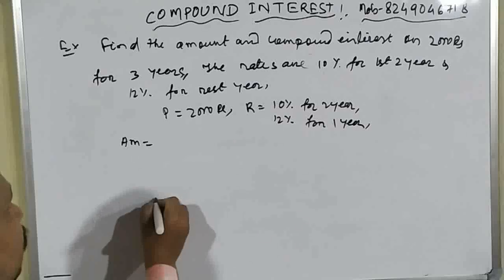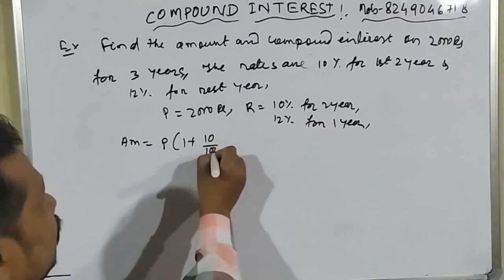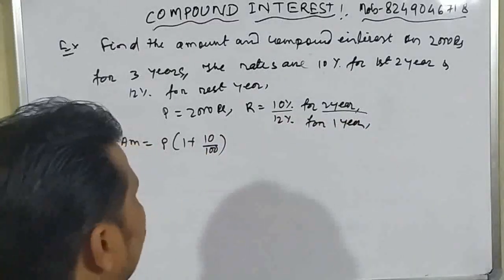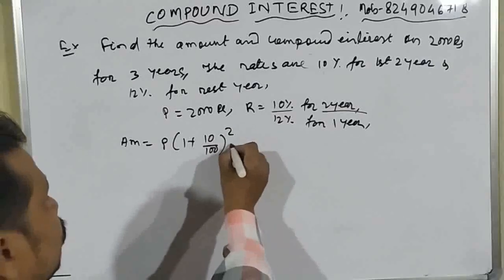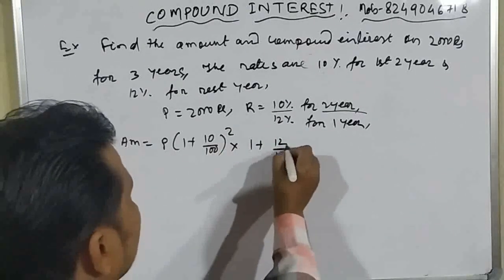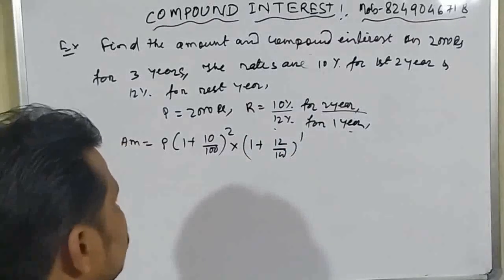What is the formula for the amount? Principal into 1 plus 10 by 100 whole to the power how many years? 10% is applicable for 2 years. So 2, into 1 plus 12 by 100 whole to the power how many years? 12% is applicable for 1 year. Okay, student.